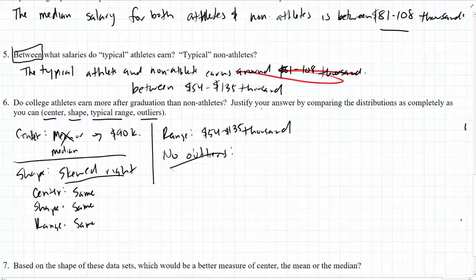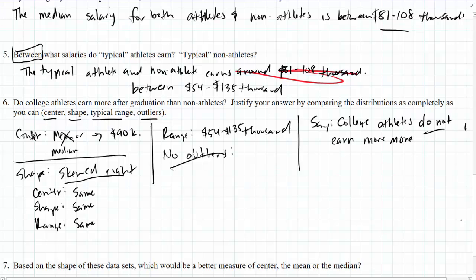So what conclusion can we make? I know the book doesn't say that, but I think I'm going to have to say that college athletes do not earn more money.